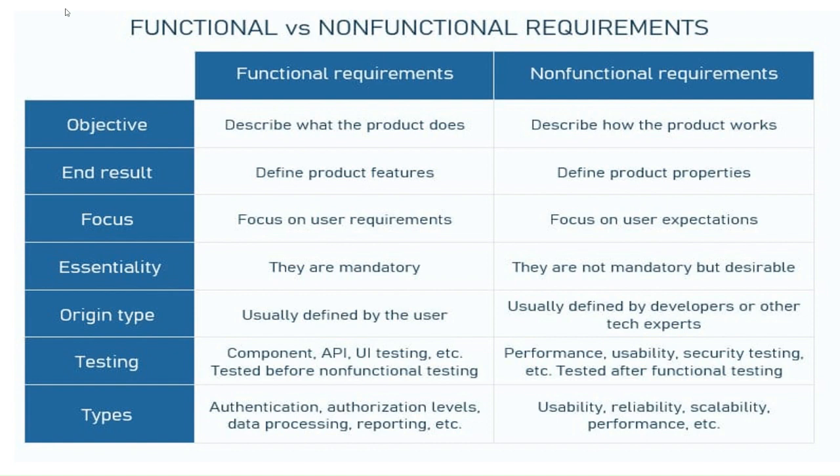Functional requirements focus on user requirements, while non-functional requirements focus on user expectations. Functional requirements are mandatory to develop any software or project. Non-functional requirements are not as mandatory, but they depend on the user's requirement, and according to the client, we can describe them.